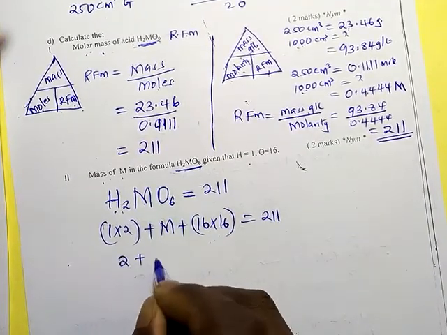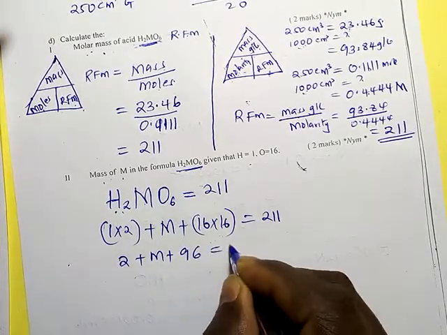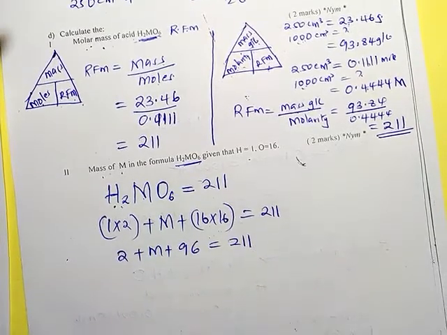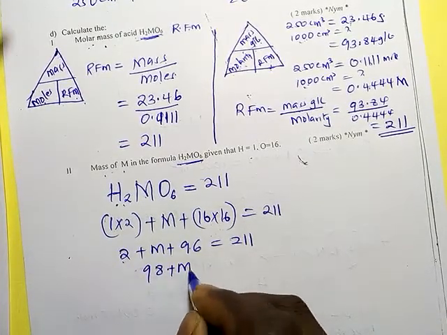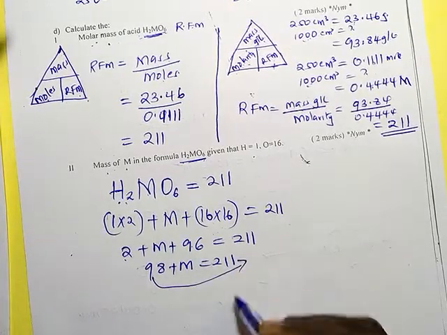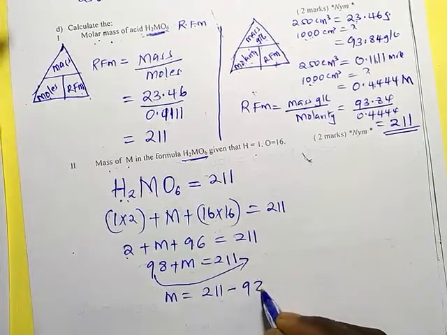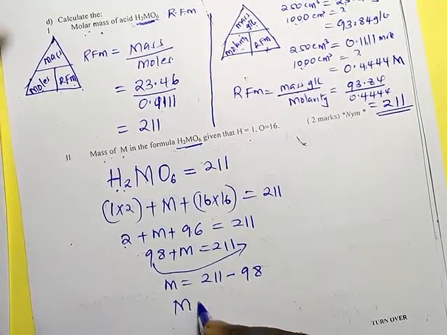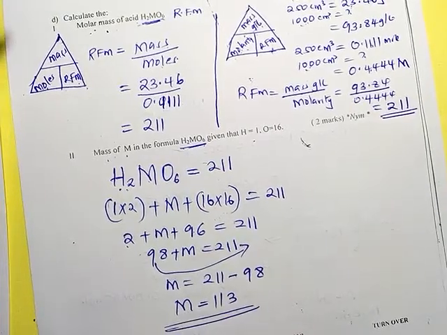This is 2 plus M plus 96, equal to 211. Putting like terms together, 98 plus M is equal to 211, so M is equal to 211 minus 98. So M is equal to 113.